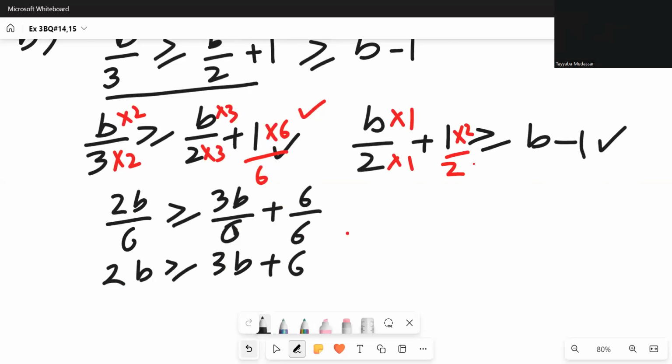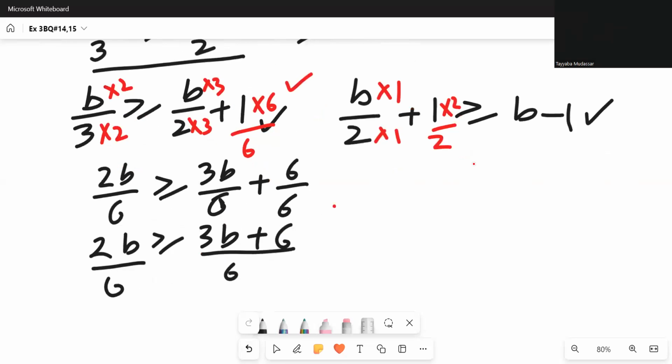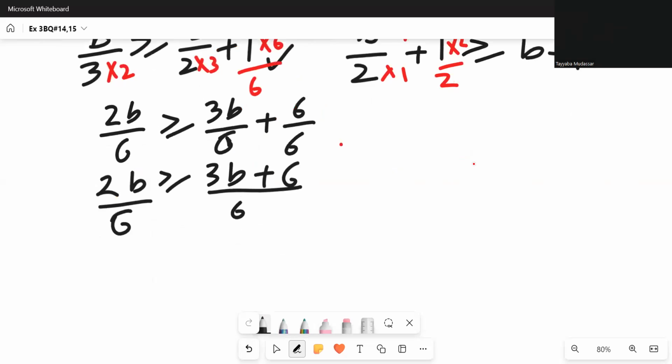Or you can multiply 6 on both sides, and then we can cancel this 6 and this 6. There are two methods.